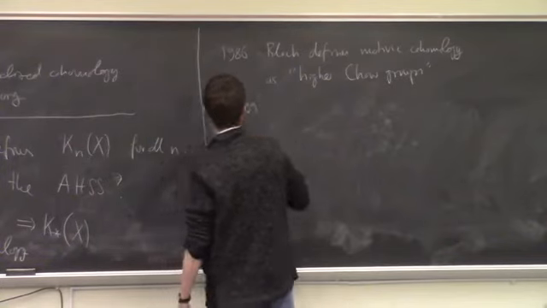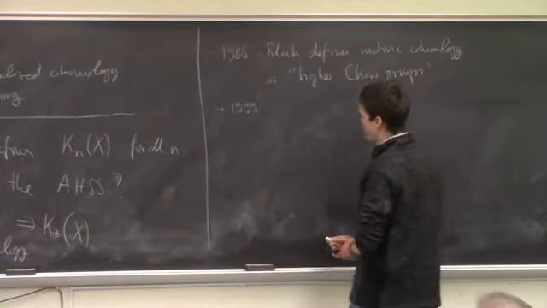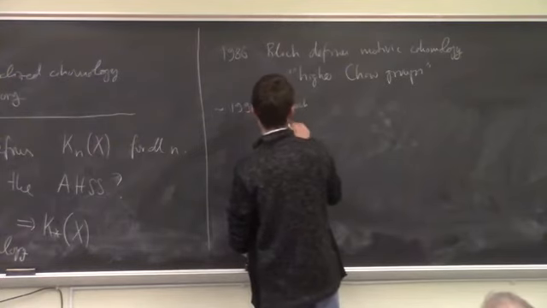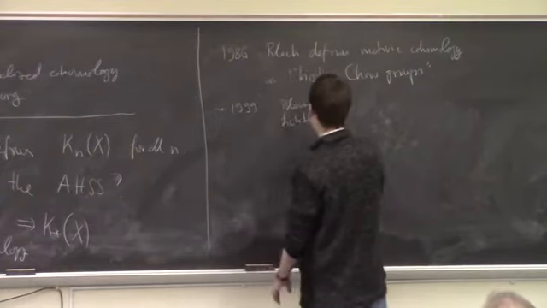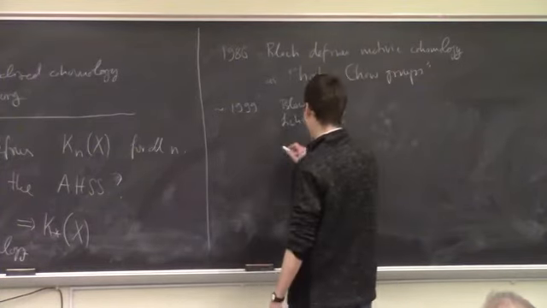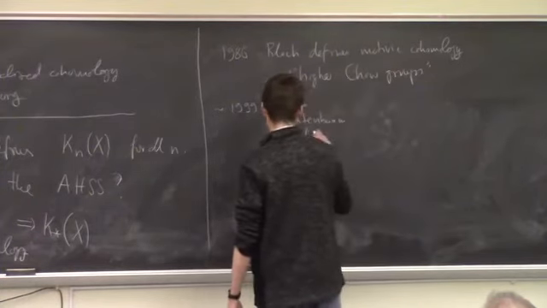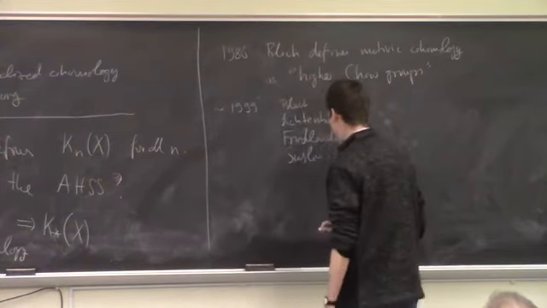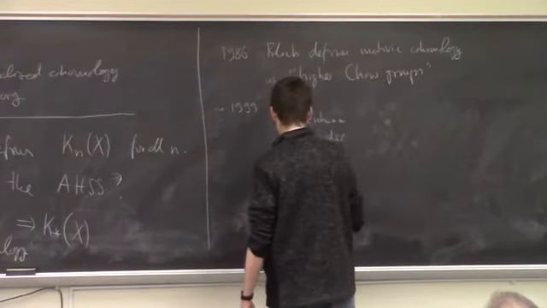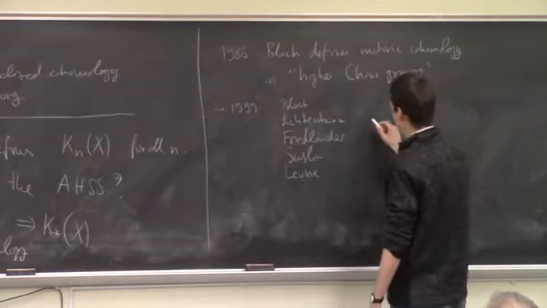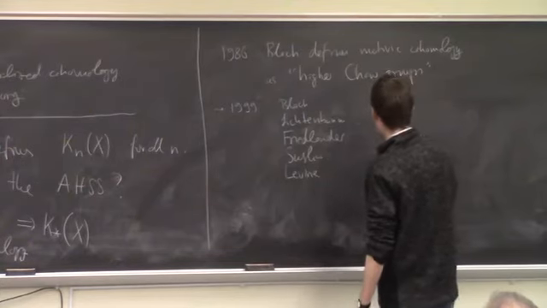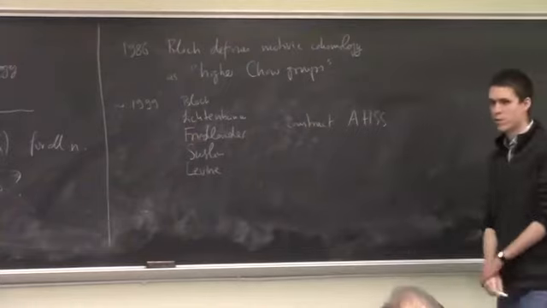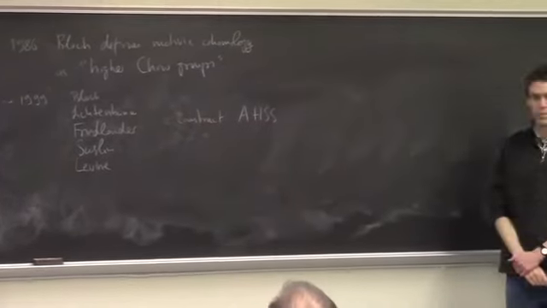Roughly at this time, Bloch, Lichtenbaum, Friedlander, Suslin, and Levine. So they construct the Atiyah-Hirzebruch spectral sequence for algebraic varieties.